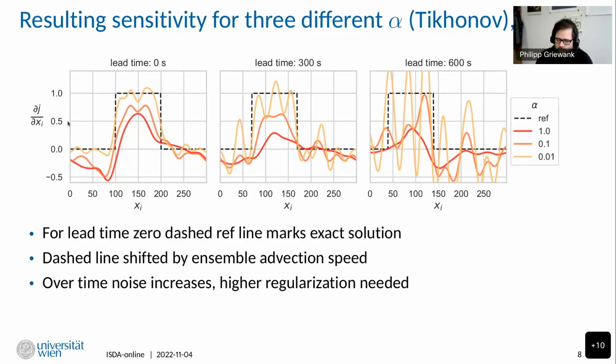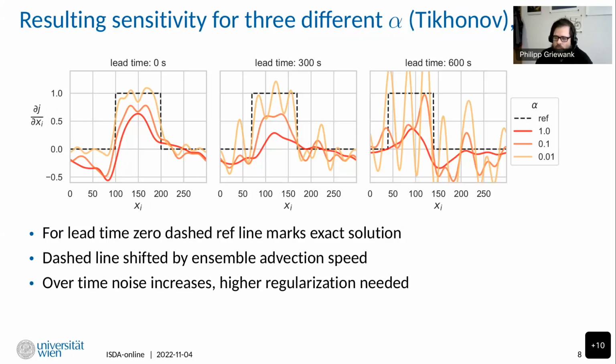So here on the y-axis we have delta J to delta x_i, so the sensitivity of our forecast metric to each of the state components. And in here is this dashed line, and the dashed line is important. For a lead time of 0, we can directly compute analytically what the sensitivity should be, because we know it's just a sum.